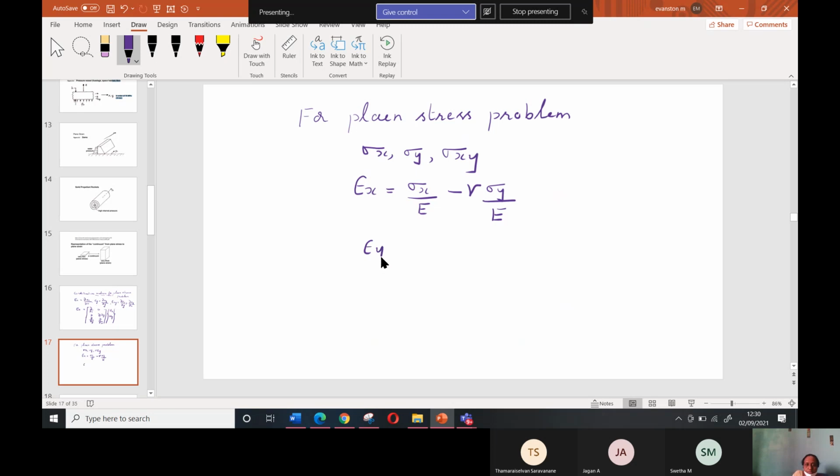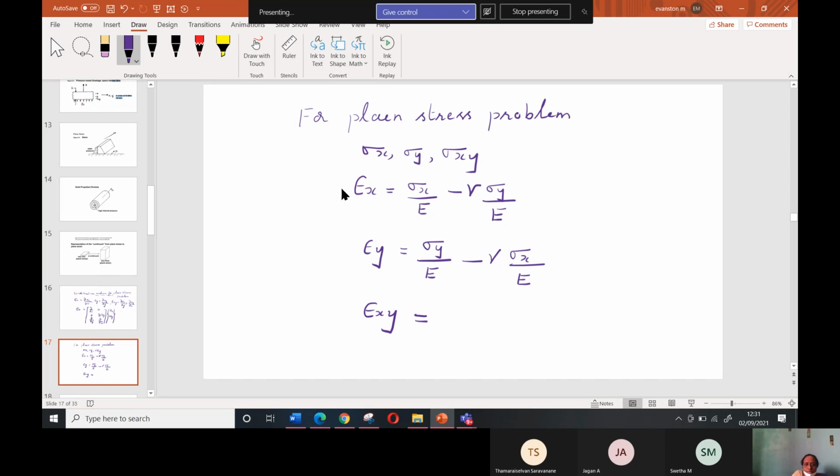And similarly, epsilon y is equal to sigma y by E minus mu into sigma x by E. Similarly, gamma xy, sorry, epsilon xy, that's the shear strain. These are the normal strains, and this is the shear strain.